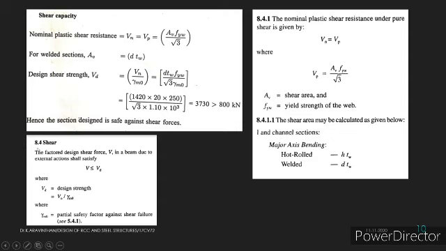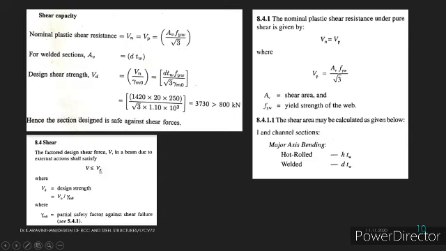This is 8.4. The factored design shear force V in a beam due to external force shall satisfy the condition that V is the shear force acting due to the load, and VD is the design shear. Your section should always be capable of carrying the shear force acting due to the load.